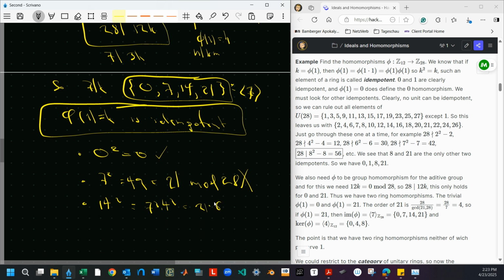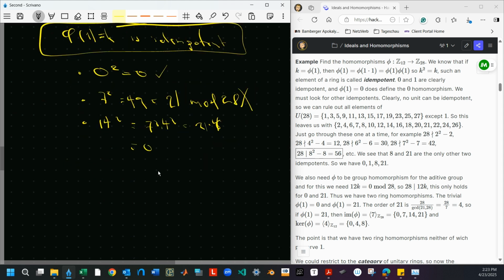I know I could just pick up a calculator and do this. 7 divides here, 7 divides there, and 7 times 4 is 28. So this is actually 0. Maybe we'll come back and check that in a bit.